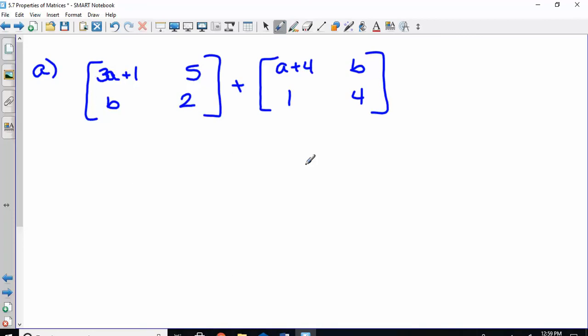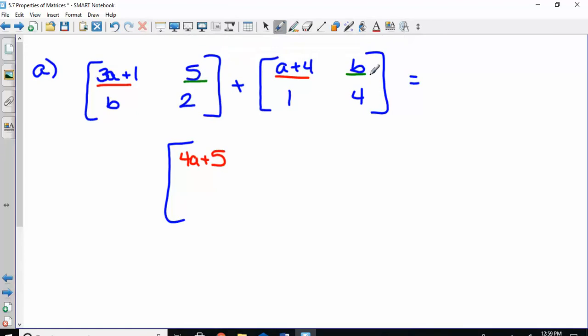You don't have to have only numbers. You just add corresponding positions and combine like terms as possible. So for the first entry, row 1, column 1, 3a plus a is 4a, 1 plus 4 is 5.